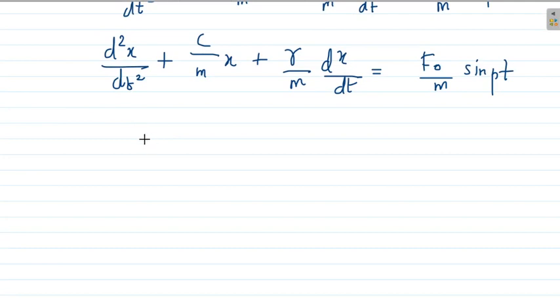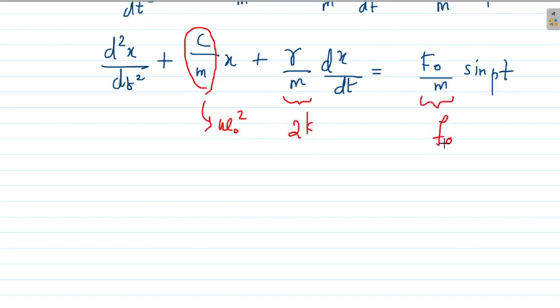Now, we have already made some substitutions, like we already know c by m is equal to omega 0 square, where omega 0 is the natural angular frequency, and gamma by m is 2k, k is the damping constant, and F0 by m can be chosen to be small f0.